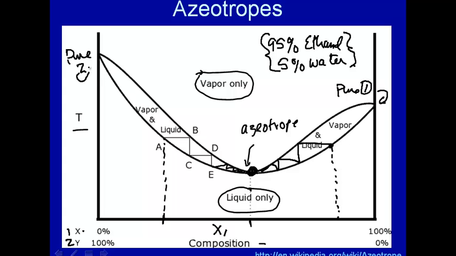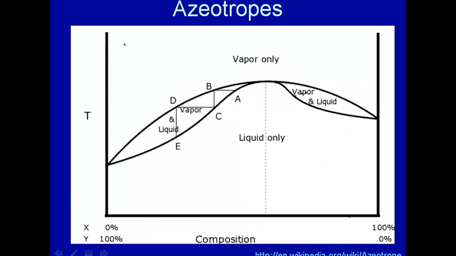And then the azeotrope would boil at a lower temperature than either one of those. This kind of behavior, in which the boiling point of the azeotrope is less than that of either pure component, is called a positive azeotrope. Let's consider another azeotrope.